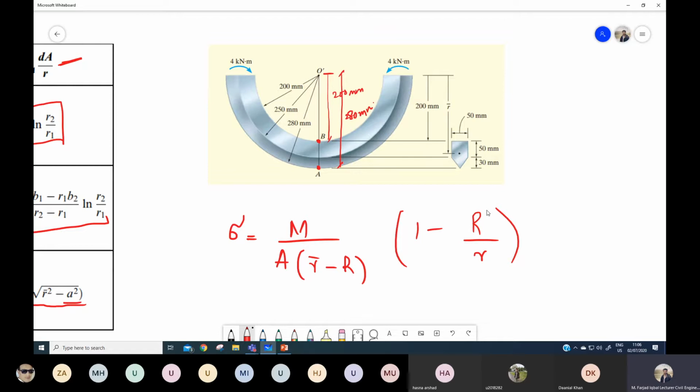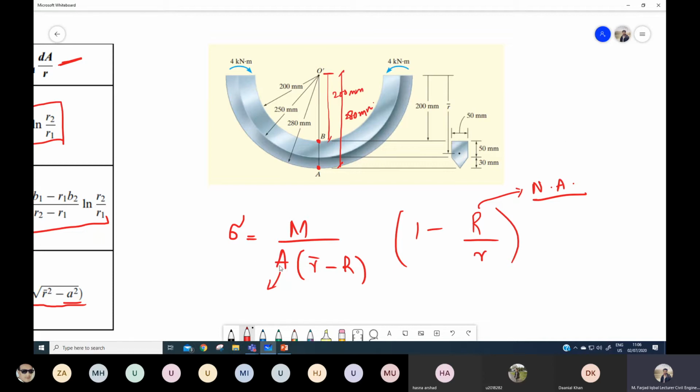This capital R, if you remember, is the distance of the neutral axis, and we have one relationship for the determination of capital R. We will use that. And this A is the area of the cross section. This is the cross section of this curved beam. It has a rectangular shape on top, so it is a combination of a rectangle and a triangle.